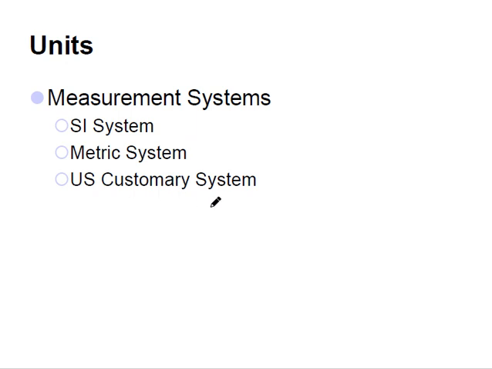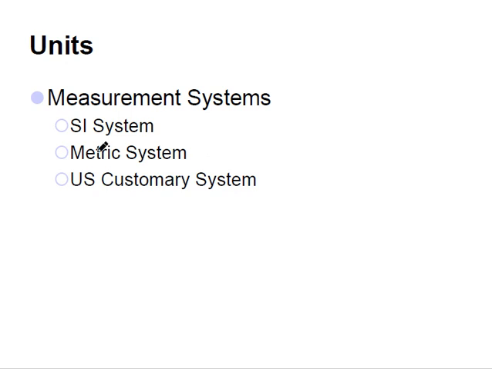We say customary because people in the United States want to use the English system, which is not a purely English system. We call it the U.S. customary system because we use it mainly in the United States instead of the world.